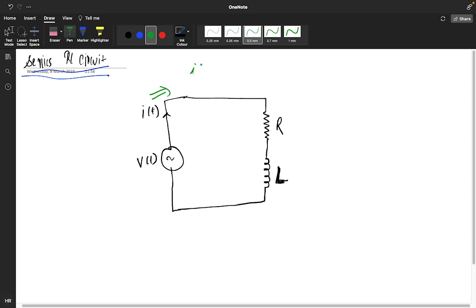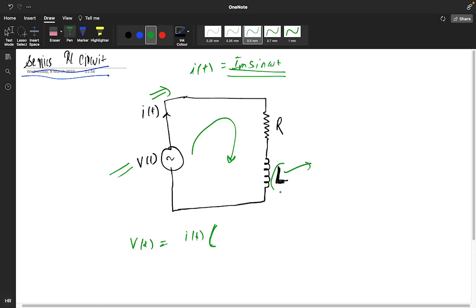I of t I am taking as Im sine omega t, and V of t will be, apply the KVL, V of t will be I of t into, this is an inductor, not an impedance, not a reactance, so you have to convert it, and we already know the inductor can be converted in the form of XL by j omega L. So R plus j omega L is coming.